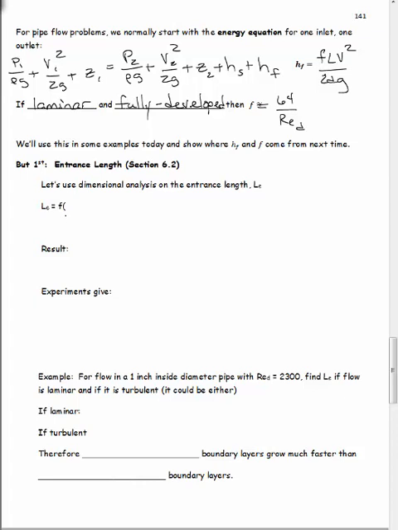So in order to figure out entrance length, well, it's just too complicated to do Navier-Stokes on. So what we're going to do is go to our Chapter 5 stuff, our experimental. And if you remember what we did, first we came up with what properties are important to the problem. So entrance length, viscosity and density, diameter, velocity. Those are going to be your important parameters. So you go through your whole process, that Ipsen method, to get your pi groups, and you end up with entrance length over D equals a function of rho VD over mu, surprise, it's Reynolds number.